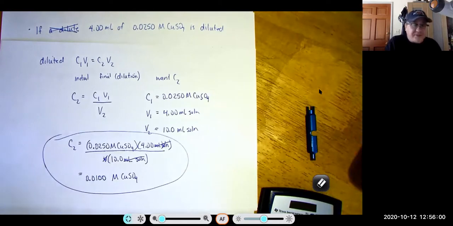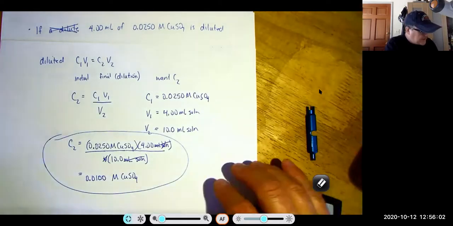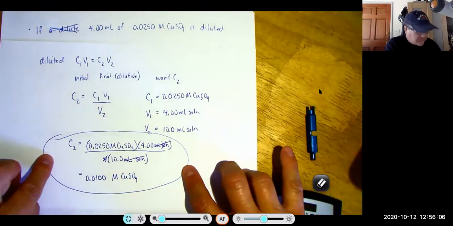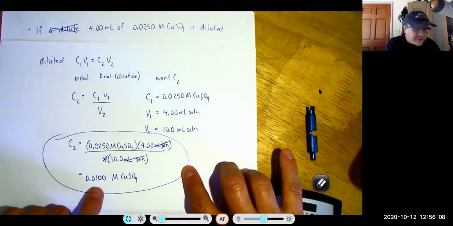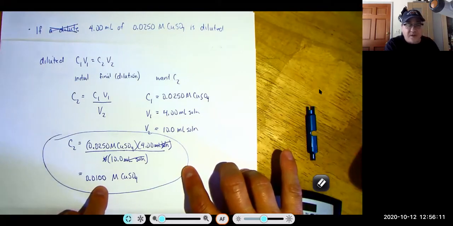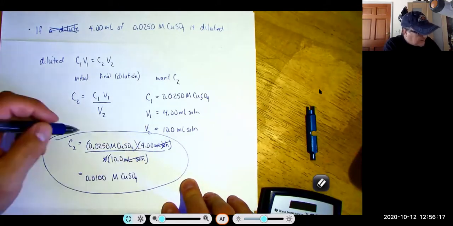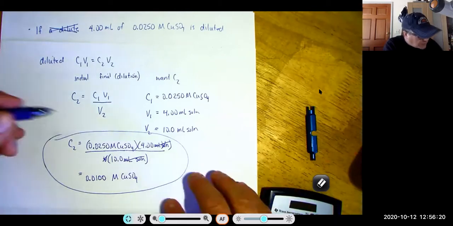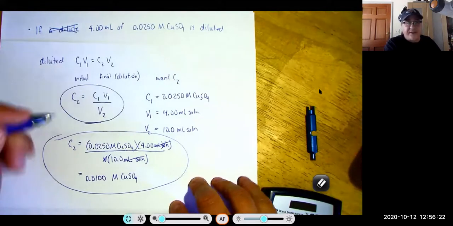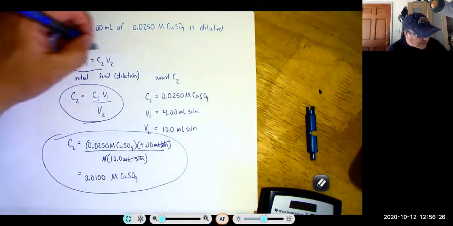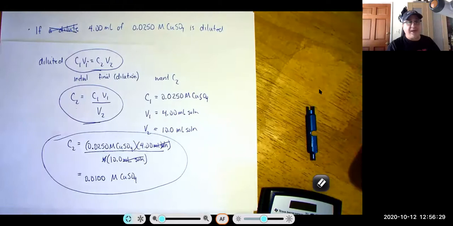Now, I want to tell you an additional thing here, okay? This would get you full credit, but if you mangled this answer and didn't get 0.100, you wouldn't get full credit. And if you put these numbers in here wrong, you wouldn't get full credit. If you really didn't know what the heck to do, but you wrote just that, I'd probably give you 1 point just because you know something. That would be partial credit.